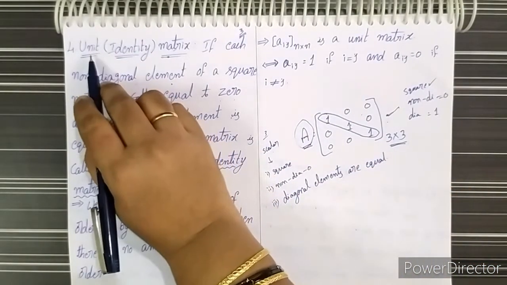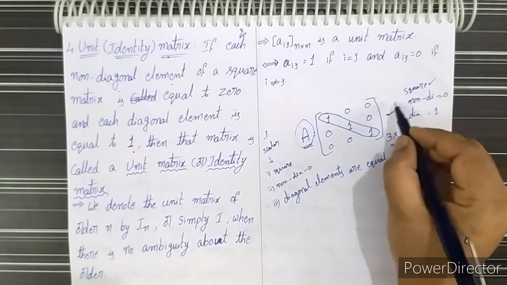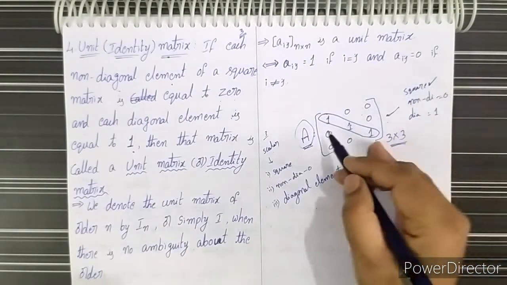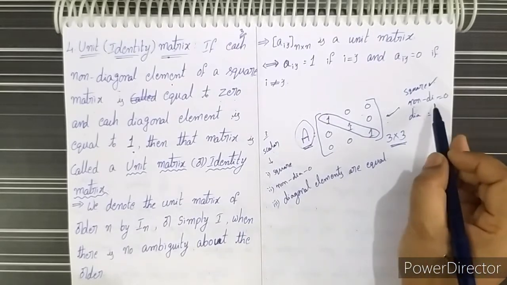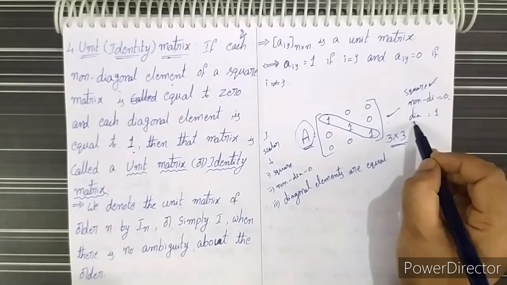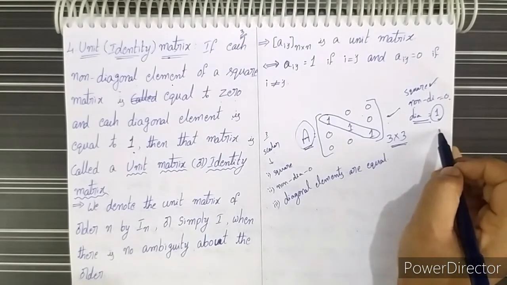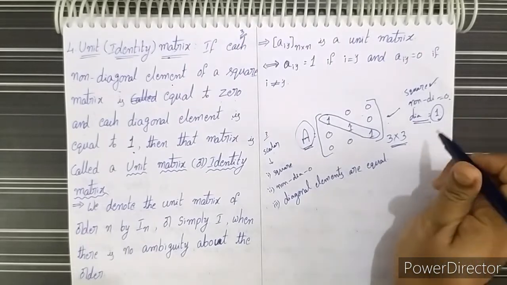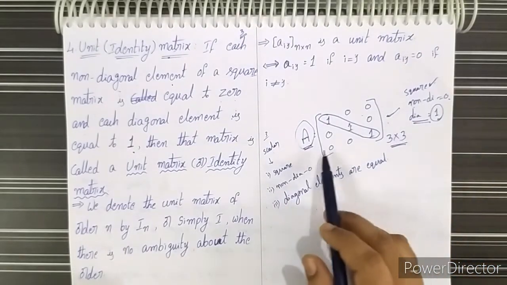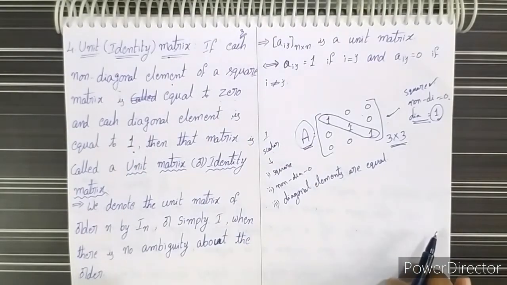But in unit matrix or identity matrix, the matrix is a square matrix, non-diagonal elements are also equal to 0, and the diagonal elements are equal to 1. Then only the matrix is said to be a unit matrix.